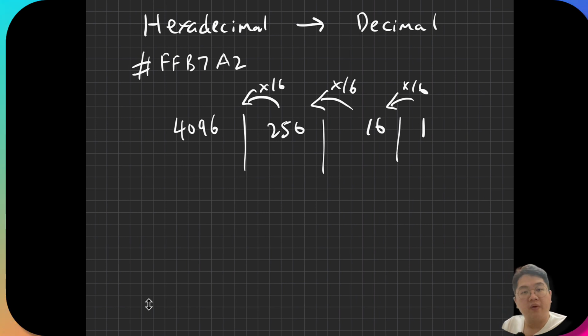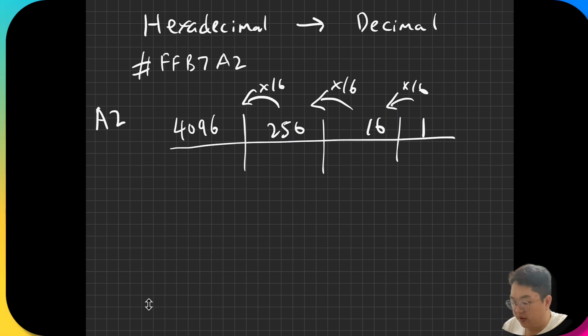So for example, if we want to find the decimal value of A2, we place A over here, and since A represents 10, 10 can be placed here, and then the 2 can be placed right over here.